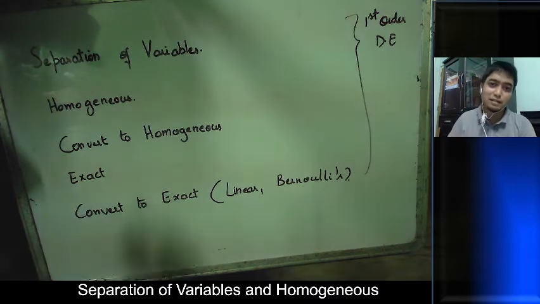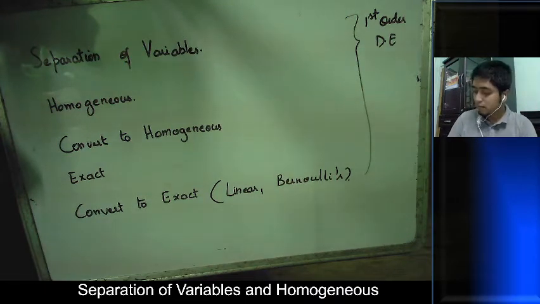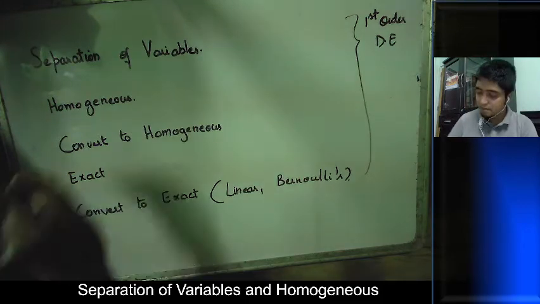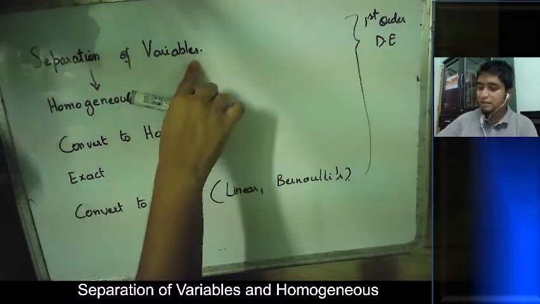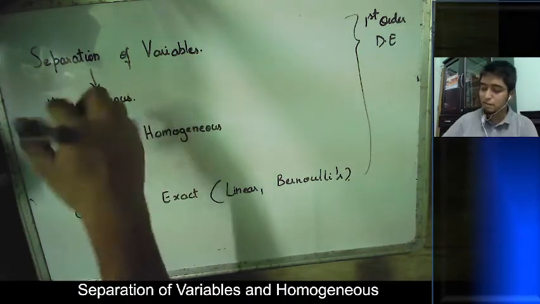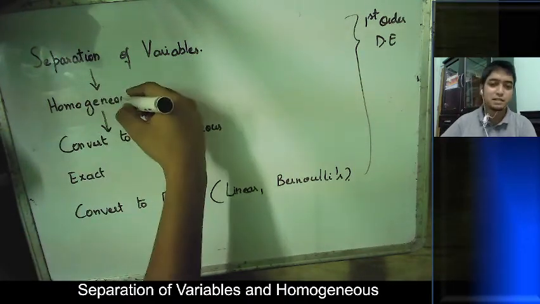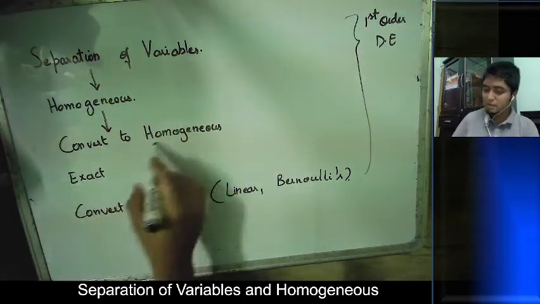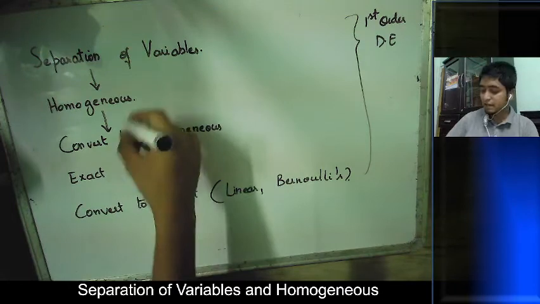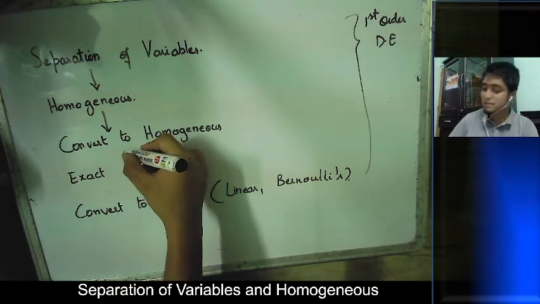This is actually kind of a map of how to solve first order differential equations. The first method is the separation of variables. If that doesn't work, maybe you will try it with homogeneous. Again, if that doesn't work, maybe by some substitution, we can convert it to a homogeneous differential equation.